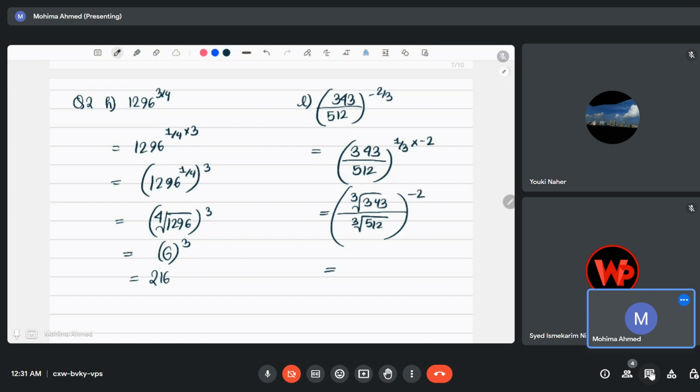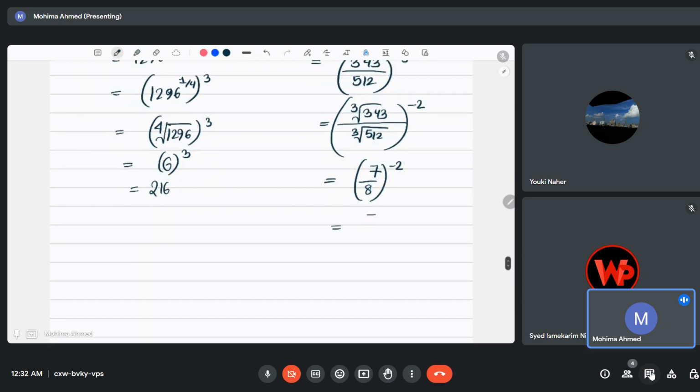The cube root of 343 gives 7 at the numerator, and the cube root of 512 gives 8 at the denominator, both with a power of minus 2.